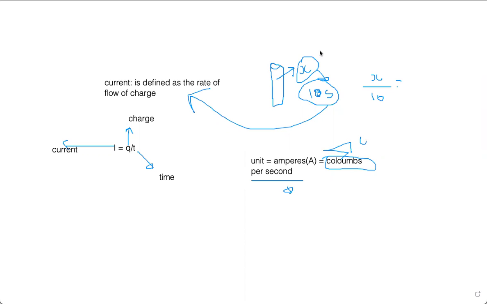An important point to note is that current is a scalar quantity, because when two currents combine, the sum is an algebraic sum and not a vector addition.